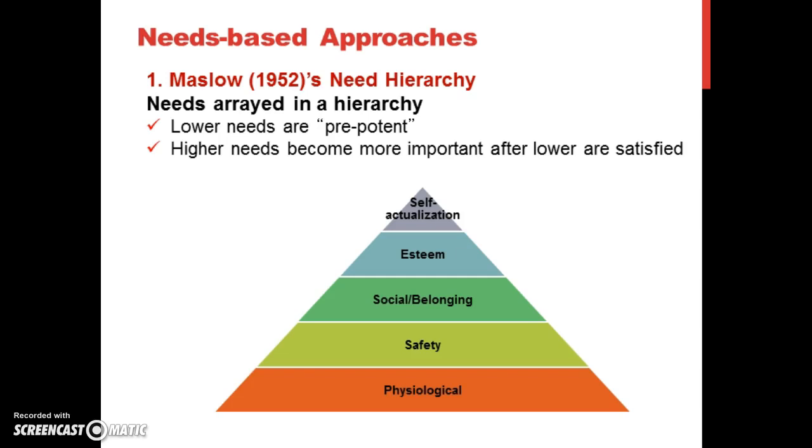One of the oldest and most influential theories for motivation is Maslow's hierarchy of needs. As you see in this pyramid, without satisfying these basic needs, physical and safety needs, people cannot recognize higher levels of needs, such as esteem and self-actualization, as important.